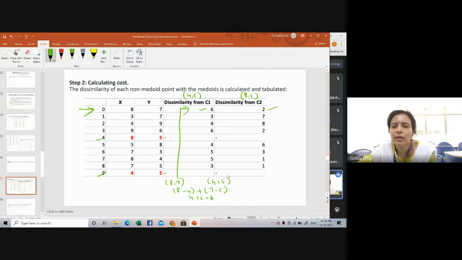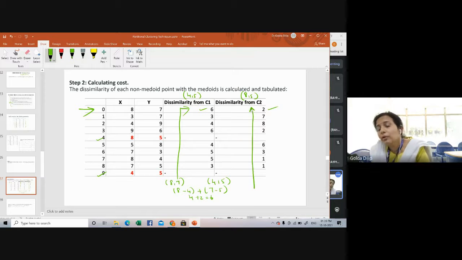So same way here. Mithun, how do you get 2 here? Mithun is sleeping in class? Santosh Kumar, how do you get a 2 here? Let me ask my friend Rakesh. Rakesh, are you there in class?